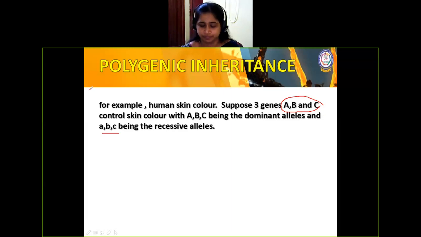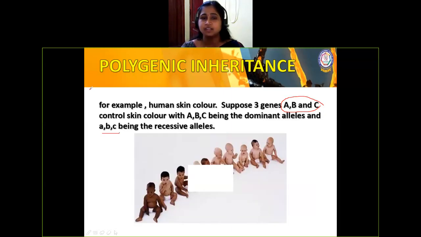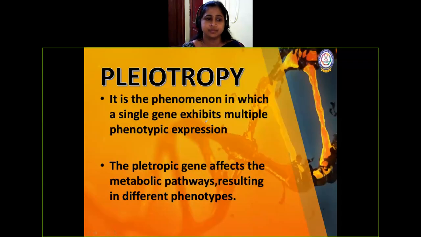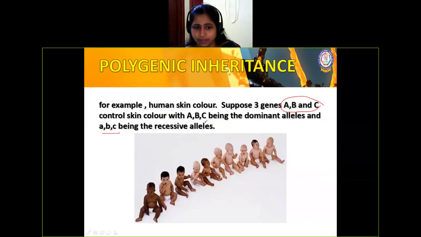So we see the example. It is nothing but the skin color. You can see different types, shades of skin color, right? Still more, we'll complete the alleles and then we'll go to the next. Capital A, capital A, capital B, capital B, capital C, capital C. This is dominant.